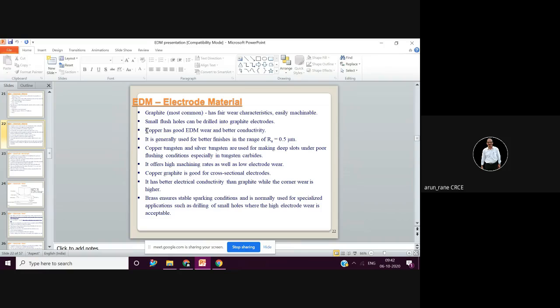Why? Because in CNC milling we go for a tool magazine as the cycle time is very short and tools change very frequently. That is not the case in EDM. Understand? In EDM, it's a slow process.